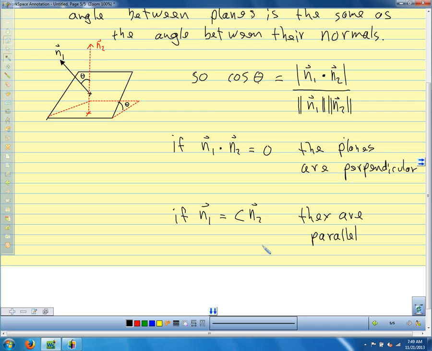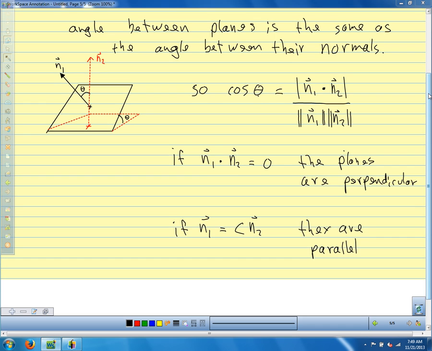So the dot product turns out to be a nice little tool that we can use for a lot of things. So this is how we can figure out the angle between two planes. Well, there's another thing we can use a dot product for. Often we're interested in the distance from a point to a plane.